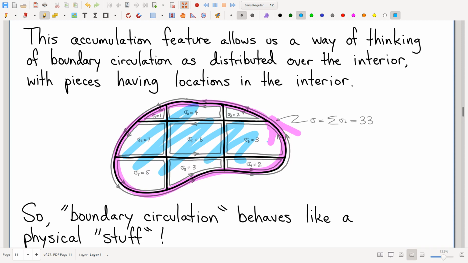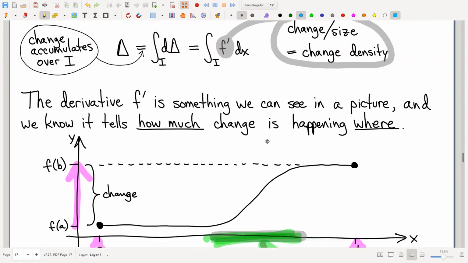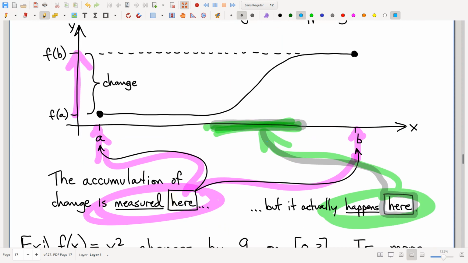So the idea that something that's computed on the boundary would be viewed as actually happening in the interior, not that weird, right? So again, creepy idea in the context of Green's theorem, certainly the first time you see it. Pretty relatable, in fact. Okay.